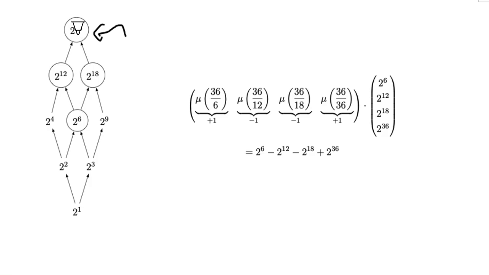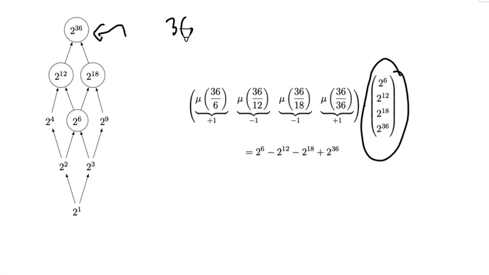So really, these are the things that we're plugging into the Mobius matrix. But notice I'm only working with these 4 elements. These other guys are outside. We're going to have zeros attached to them, so I kind of ignore that in the calculation. But really, this comes from the divisor Poset structure with 36 at the top, and going down from there.